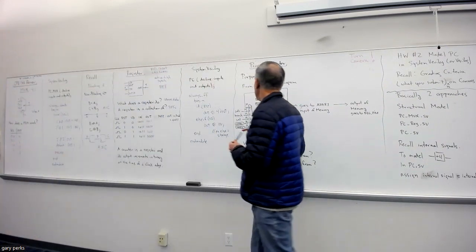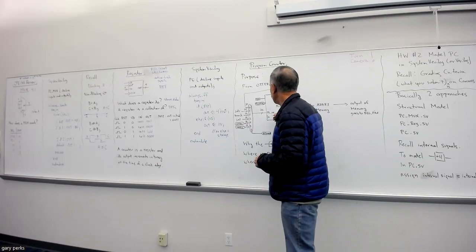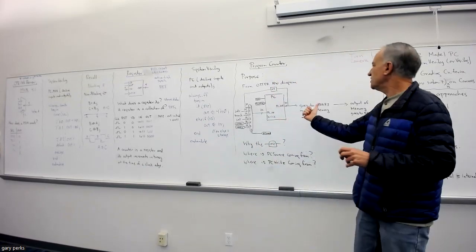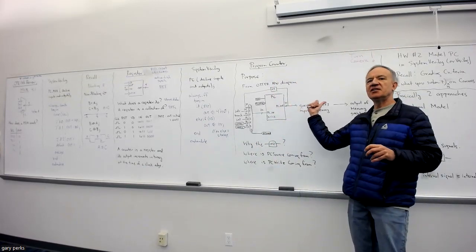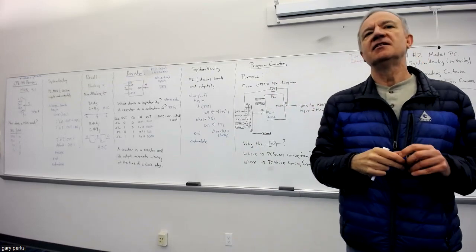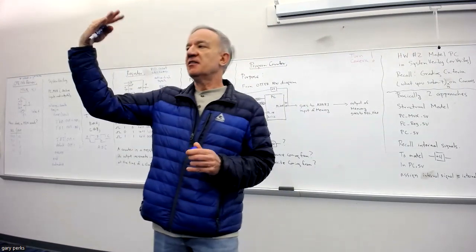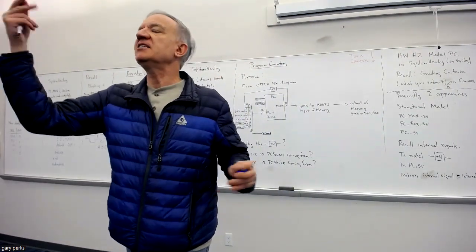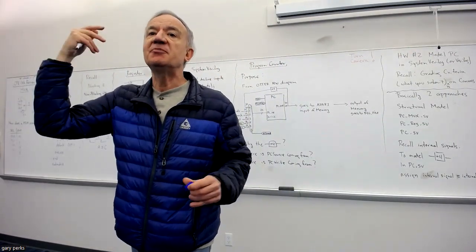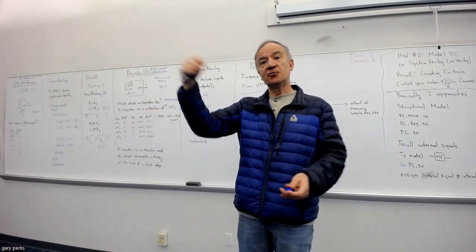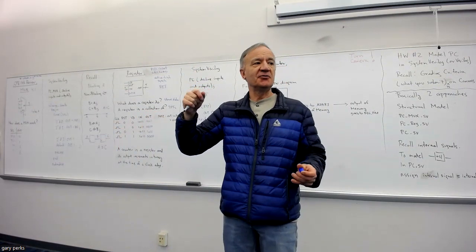Well, it has a clock going into it, but what is its purpose? Because remember, the output of the program counter goes to memory. There you go. Yeah, the program counter is providing the address of the instruction to be executed. Right, and it's going to increment by 4, because word addresses are separated by 4, like we talked about.